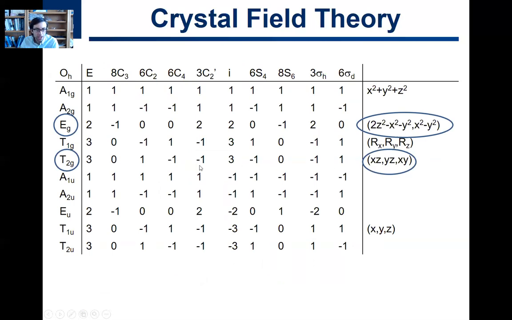They're triply degenerate, and they have the symmetry T2g, okay? Now we have the x squared minus y squared function, and we have this function here, 2z squared minus x squared minus y squared. Now, this is something you may not have ever learned before.